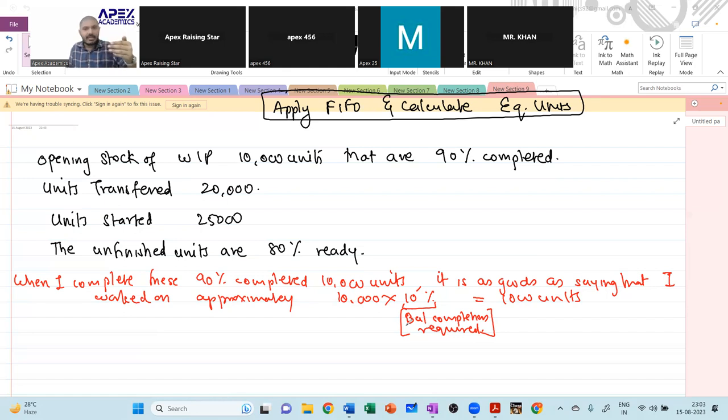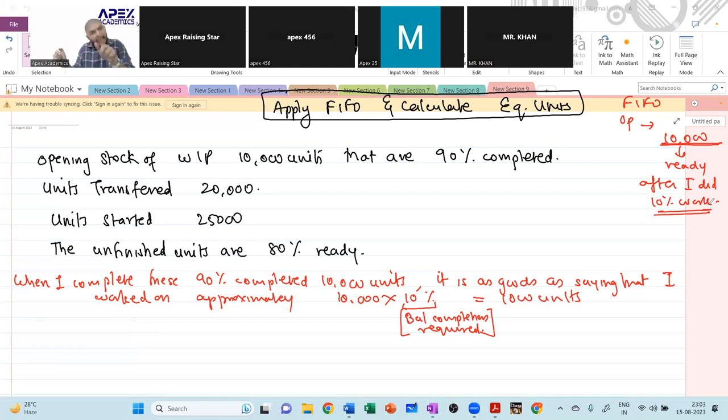My dear friends, I am following first in, first out. The opening stock is ready and it is ready to be transferred. How many units are there in opening stock after I did this work? These 10,000 units are ready after I did 10% work. Use your common sense. What will you finish first? What is incomplete? Or will you start an absolutely new story? You will finish what is incomplete.